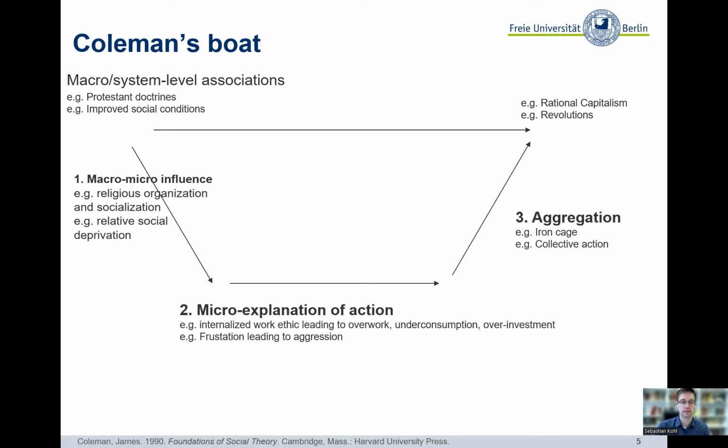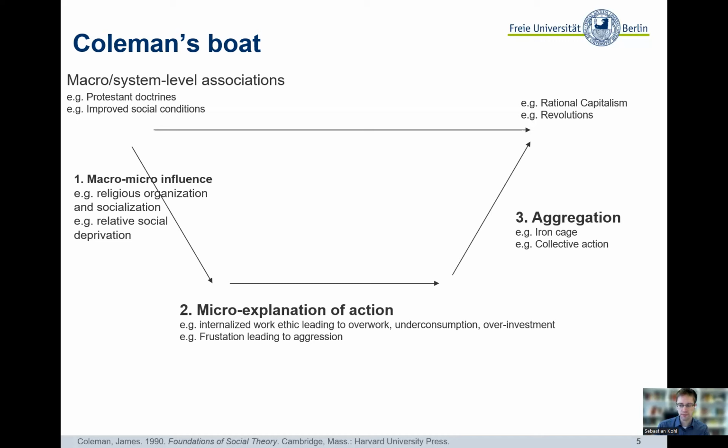The first one is to specify the link between the macro and the micro level. So how actually does Protestantism or these Protestant doctrines or any kind of social conditions act on the individual? Then comes, secondly, an individual level explanation, a micro explanation of action. And thirdly, we need to specify some kind of aggregation mechanism.